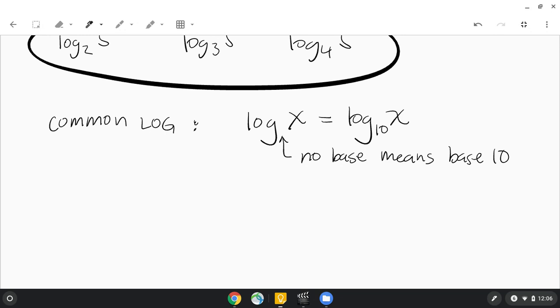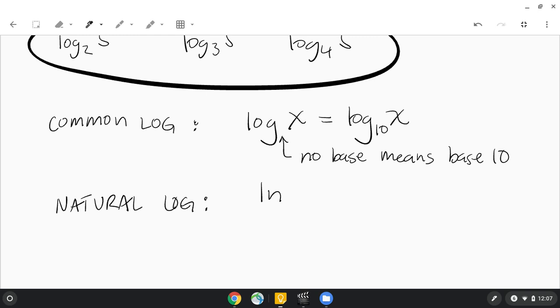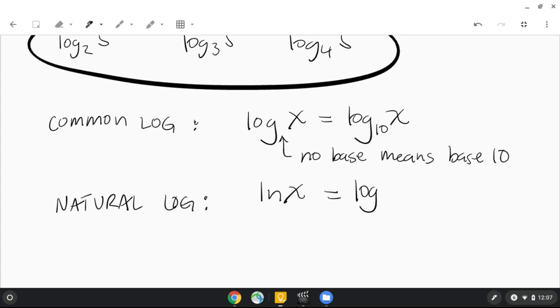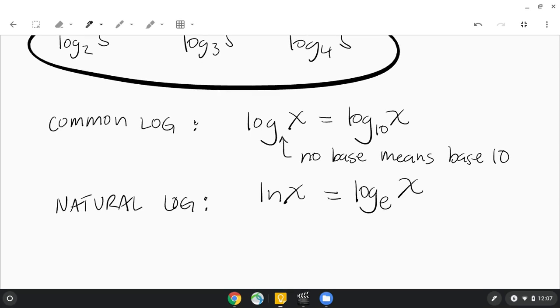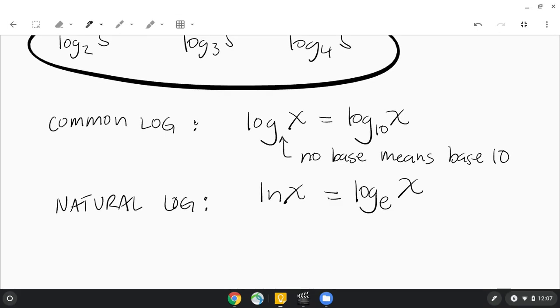And then we have what's called the natural log. You also have this one on your calculator, but these are basically the only two that you have. The natural log looks like this, ln. So look for that button on your calculator. And ln means the same thing as log with a base e. If you recall from the last section, e is Euler's number, which is 2.718, goes on forever.